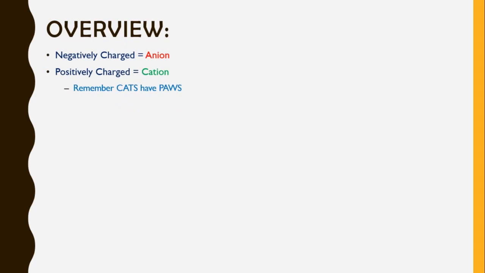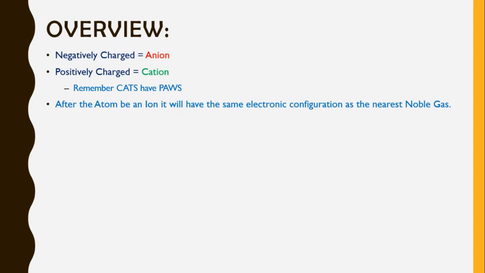Also remember that mnemonic device, it makes it way easier in life. Cats have paws, so cats stand for cations and paws stand for positive. And after the atom becomes an ion, it will have the same electronic configuration as the nearest noble gas. And group number represents the number of valence electrons.